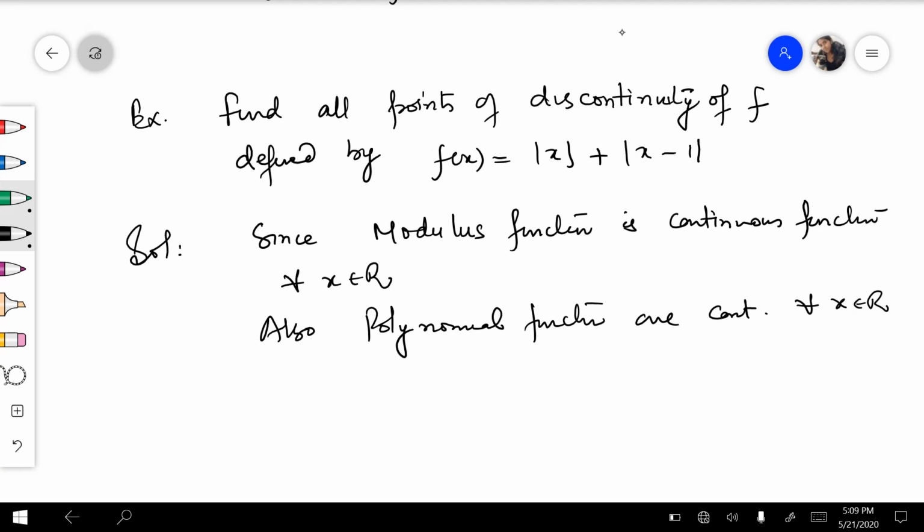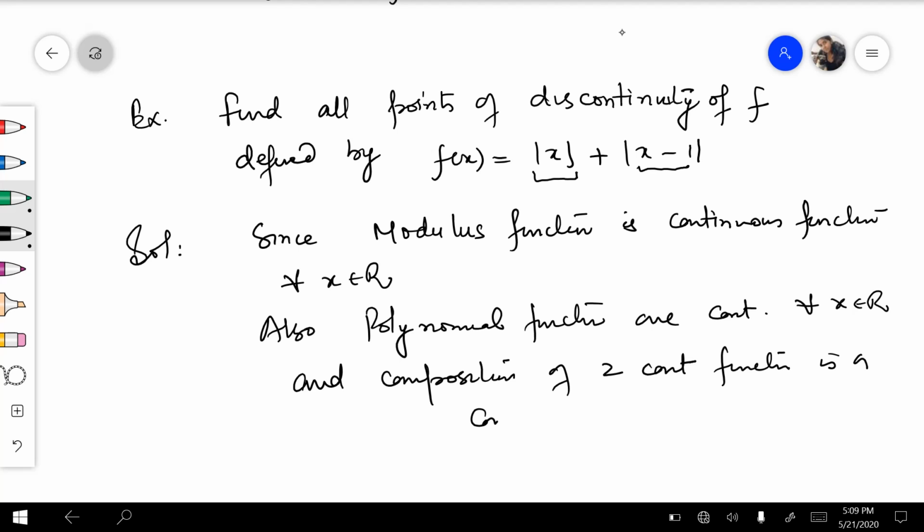So that means this internal function is continuous, and we know that composition of two continuous functions is a continuous function.